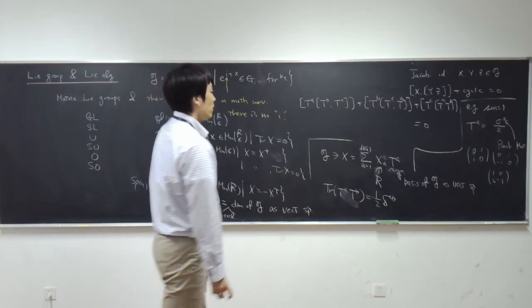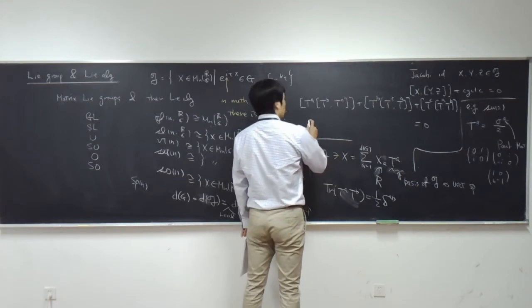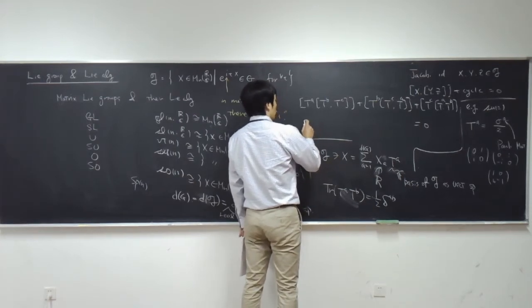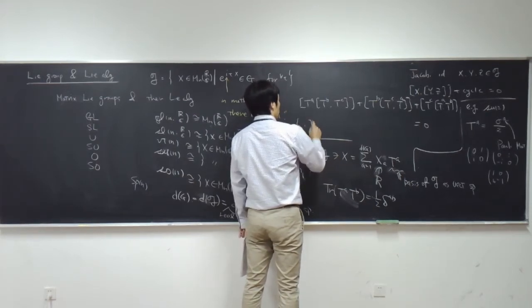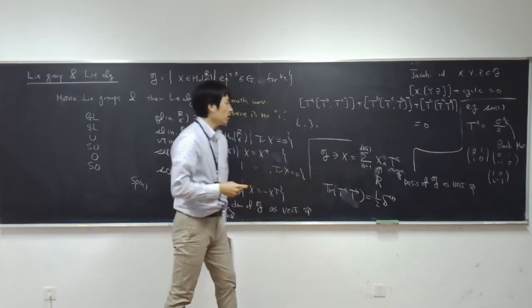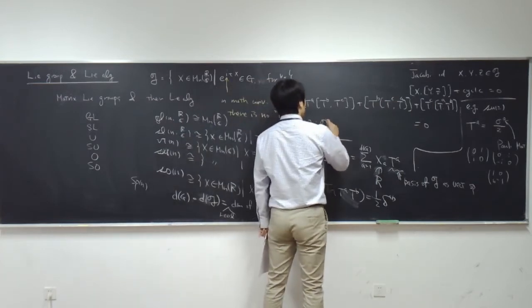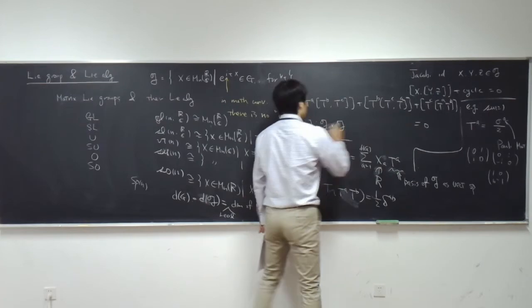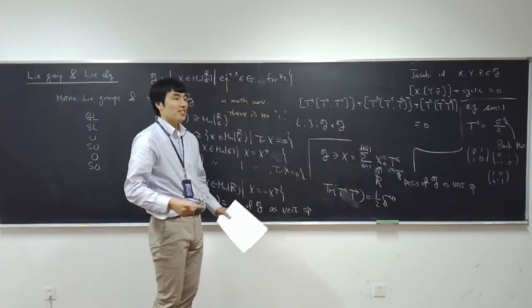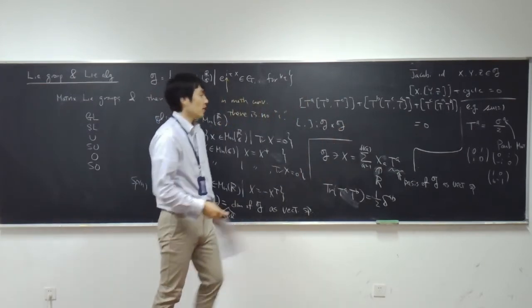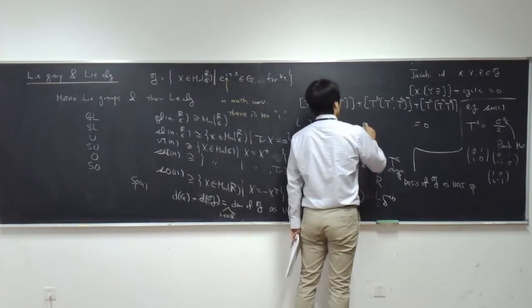Furthermore, as we know, there is the commutation relation. The Lie algebra is endowed with this bracket structure. The bracket creates a kind of multiplication on G, as I mentioned last time.